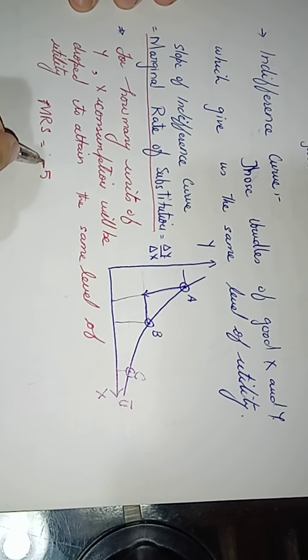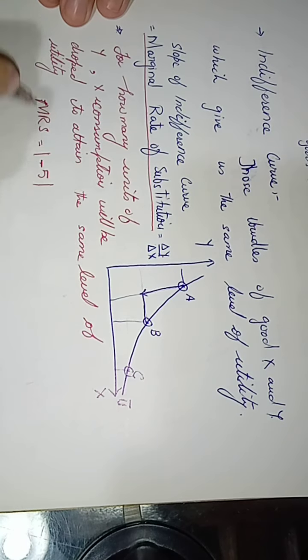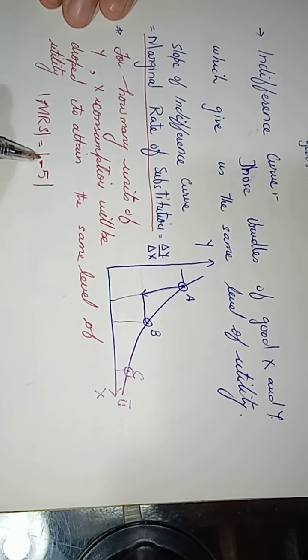So you should be clear that marginal rate of substitution is always given with the sign of minus, and absolute terms means that we are ignoring the sign, but we know that it is with the negative sign.